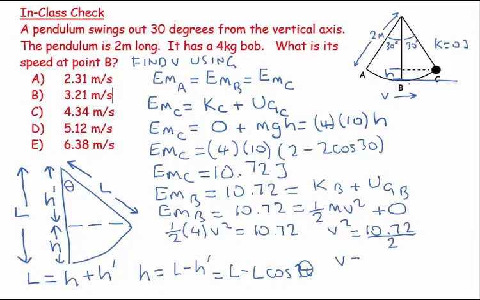So V is equal to the square root of 10.72 divided by 2, and I get V is equal to 2.31 meters per second. So there's my answer, and there it is.